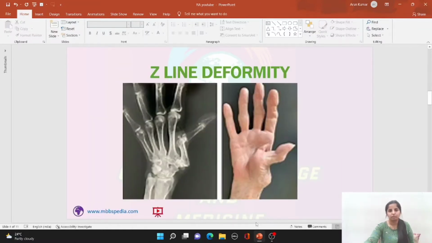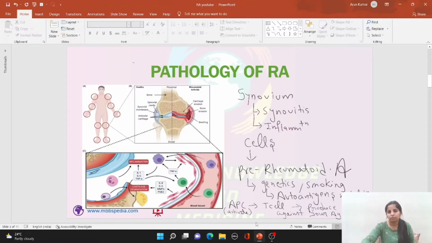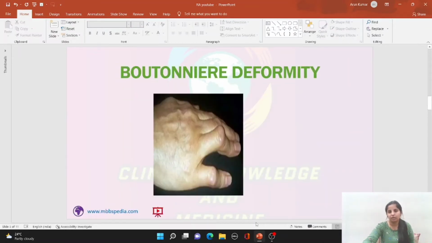Next, there is Z-line deformity. In this also, there will be involvement of joint. And the last, third deformity is Boutonniere deformity, which is totally opposite of swan neck deformity.